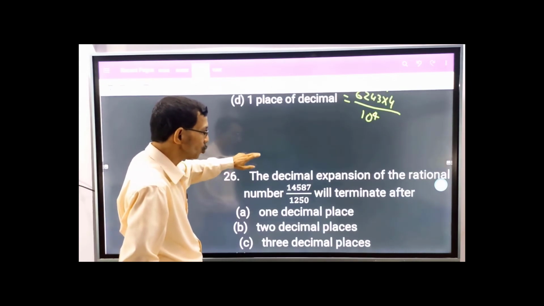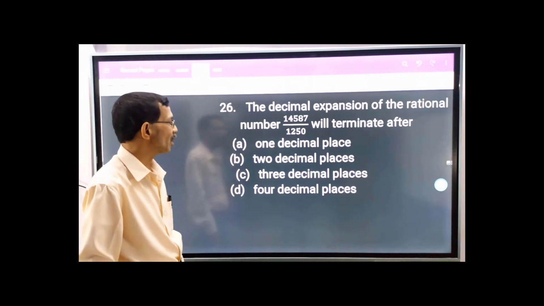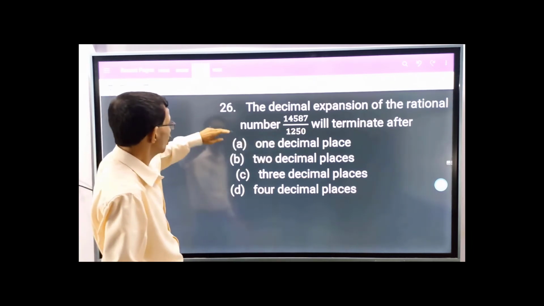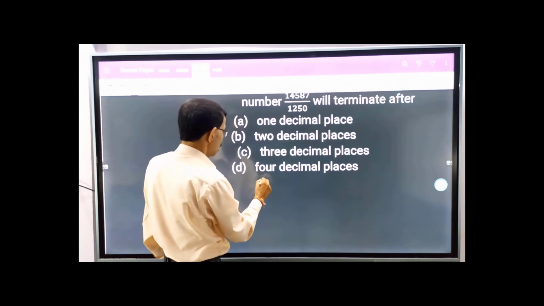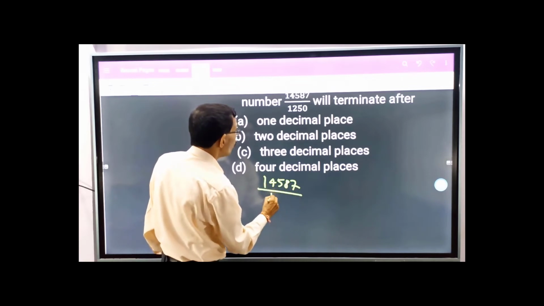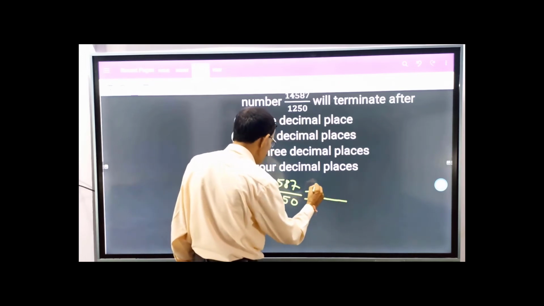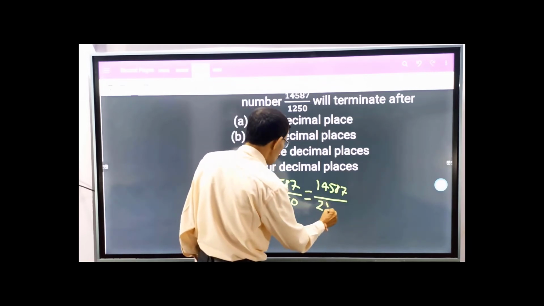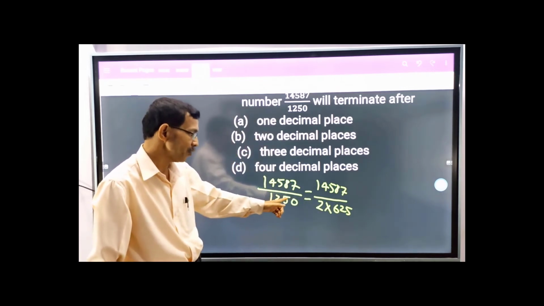And now let us go to the next question here. The decimal expansion of this rational number will terminate after. So let us write this number first and carry on further operations. 14587 divided by 1250. Now this number, the numerator as it is 14587, this denominator I will convert into 2 into 625. 2 into 625 will be 1250.